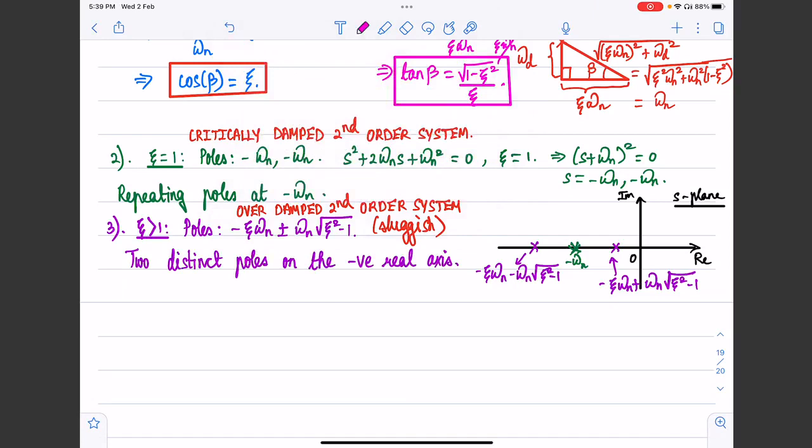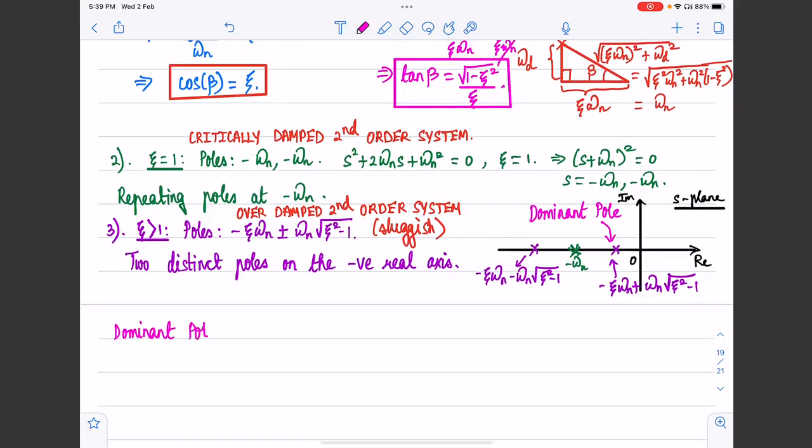Now, when we consider an overdamped second order system, the pole at minus zeta omega n plus omega n times square root of zeta squared minus 1 is what is called a dominant pole. So what is this dominant pole? Let me write down the notion of dominant poles, and then we will come back and see what they are and what influence they have.